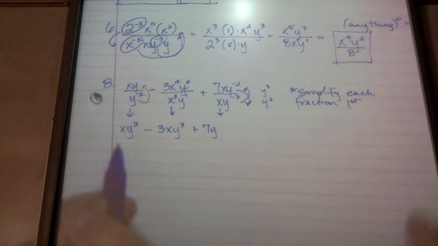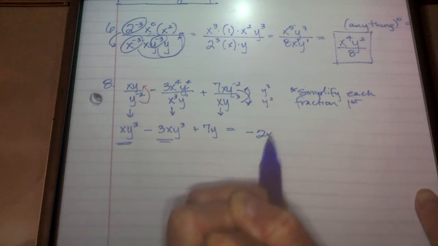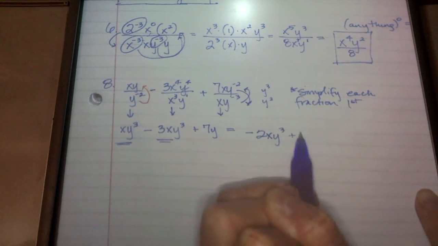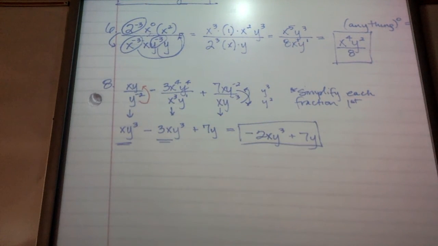These two here are like terms, so this equals negative 2xy cubed plus 7y. Crazy problem. Notice Trig jumps right in with some tougher Algebra 2 problems. Right, moving on to number 10.